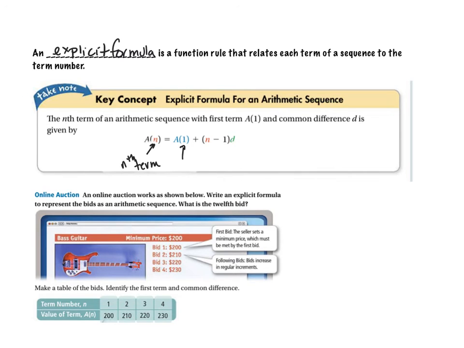A sub 1 is my first term, and then n is the term number, and this d here is the common difference.